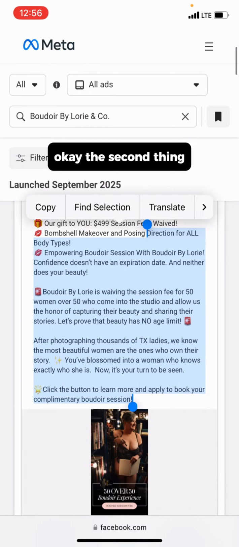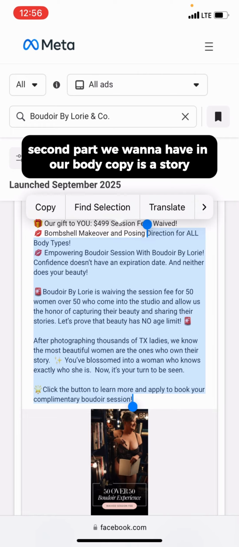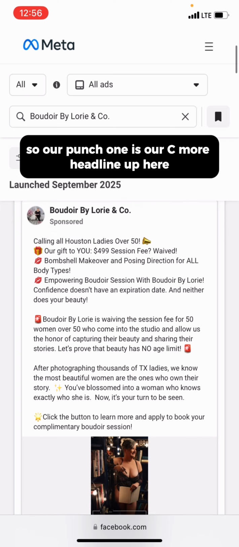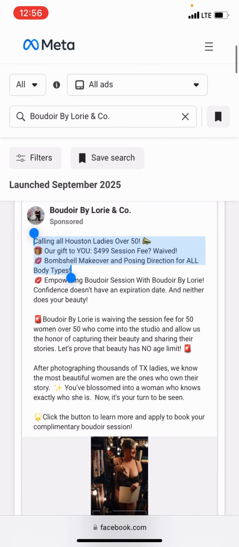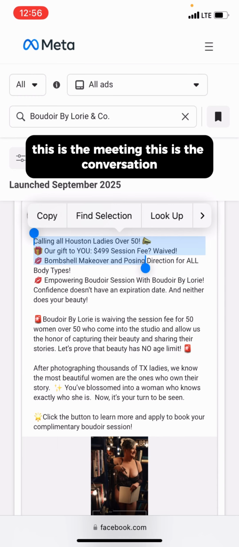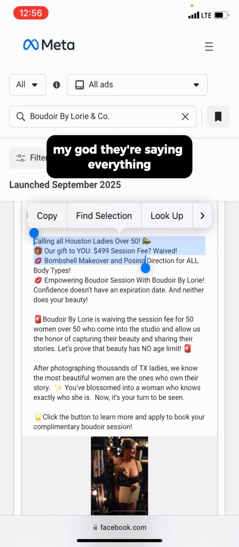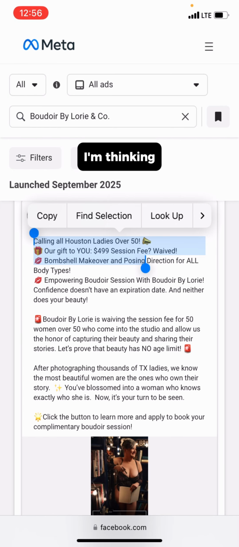Okay, the second part we want to have in our body copy is a story or narrative. This is actually our punch 2. So our punch 1 is our see more headline up here. This is the meeting, the conversation our women are having in their brain. And when we get this right, they're like, oh my God, they're saying everything I'm thinking.